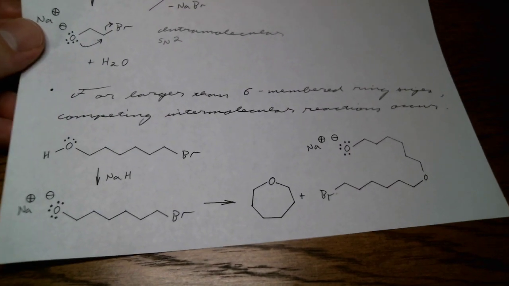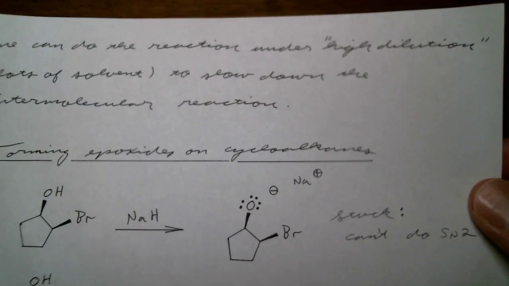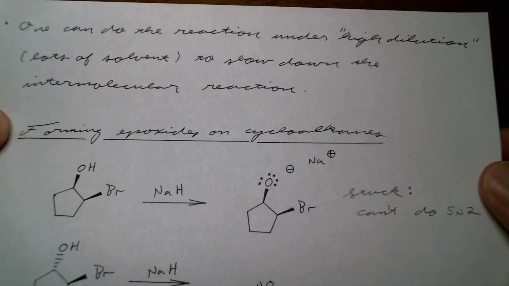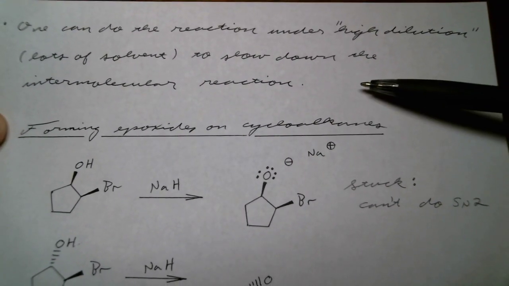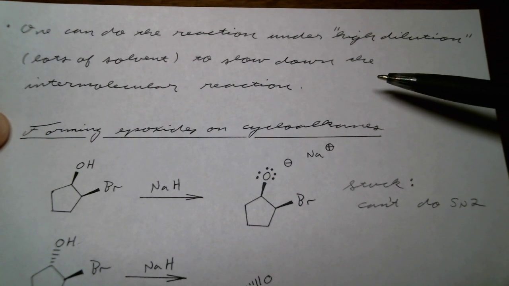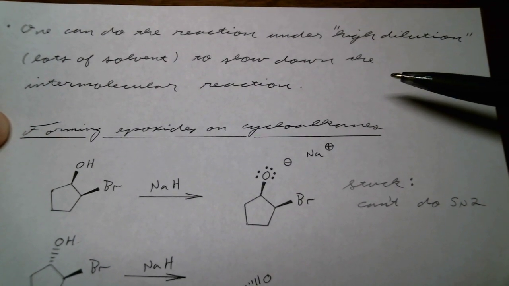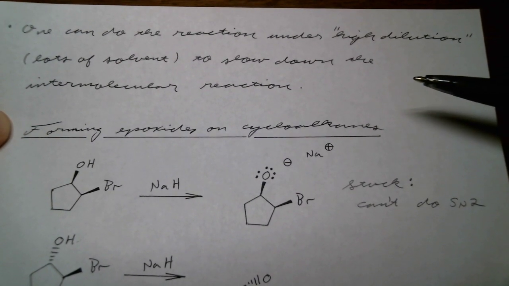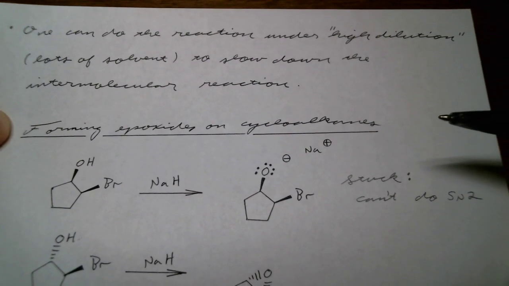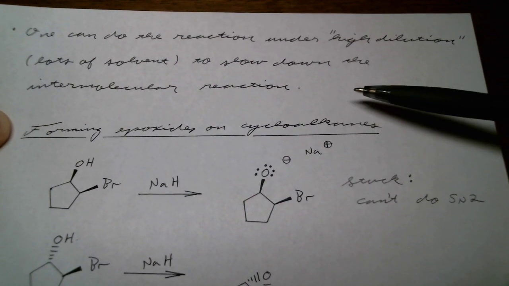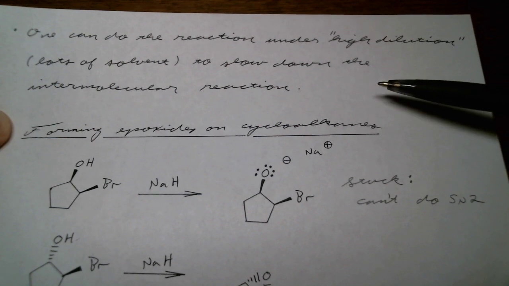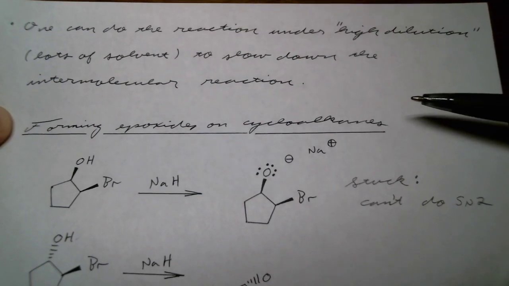Well, I think we discussed in that particular series of notes that we could do the reaction under high dilution, so lots of solvent to slow down the intermolecular reaction, because SN2 in an intermolecular sense is a bimolecular reaction. It depends on the concentrations of the nucleophile and the electrophile, so we slow down the intermolecular process.